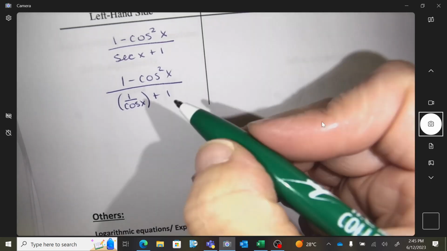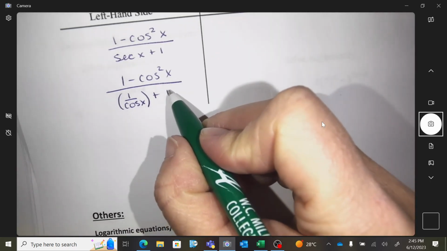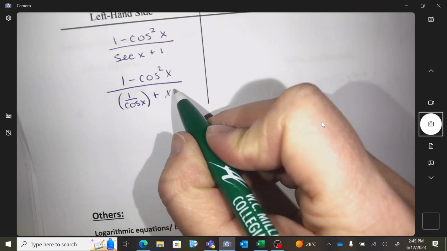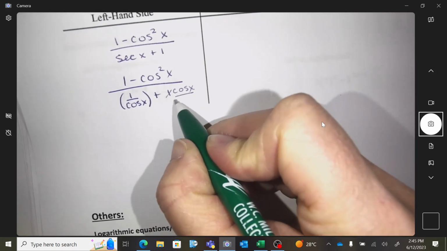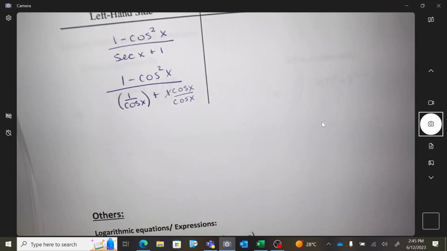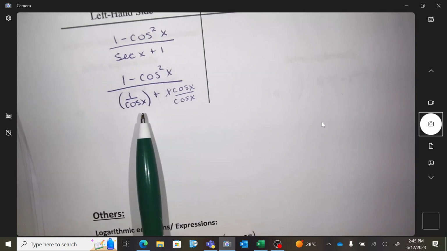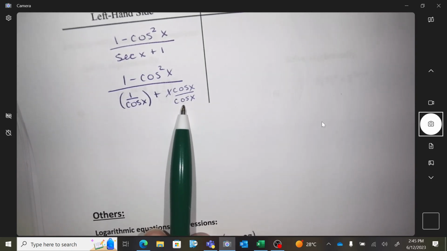Okay, are you going to be okay if I do this 1 as cos x over cos x? Yeah, because I know I'm going to put these together, so cos x over cos x is 1.